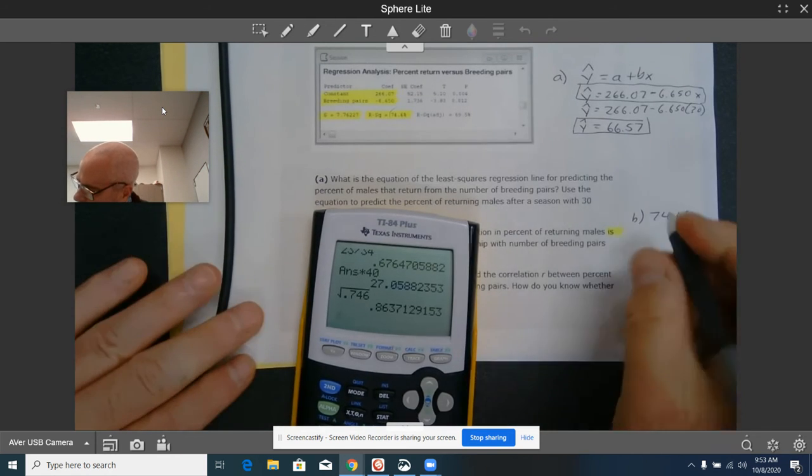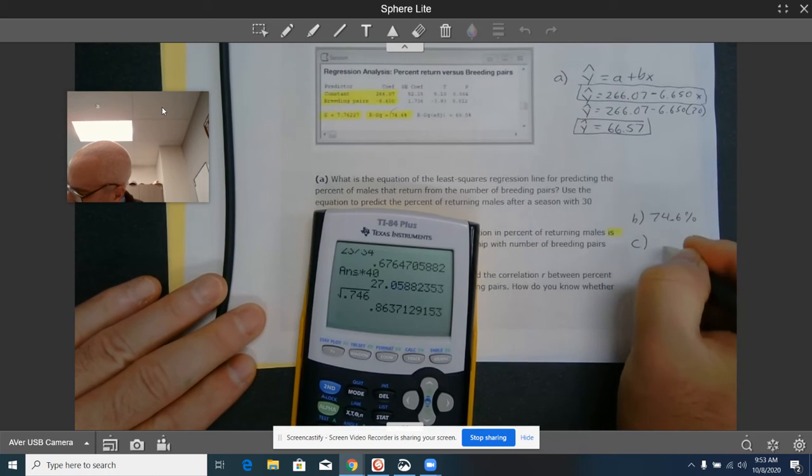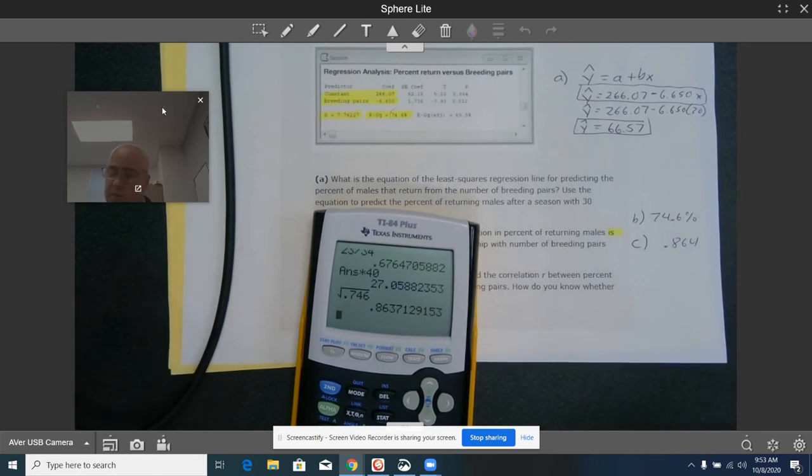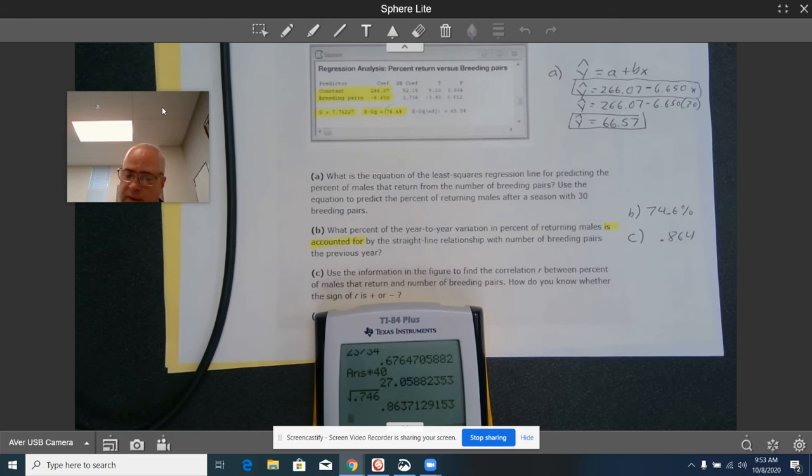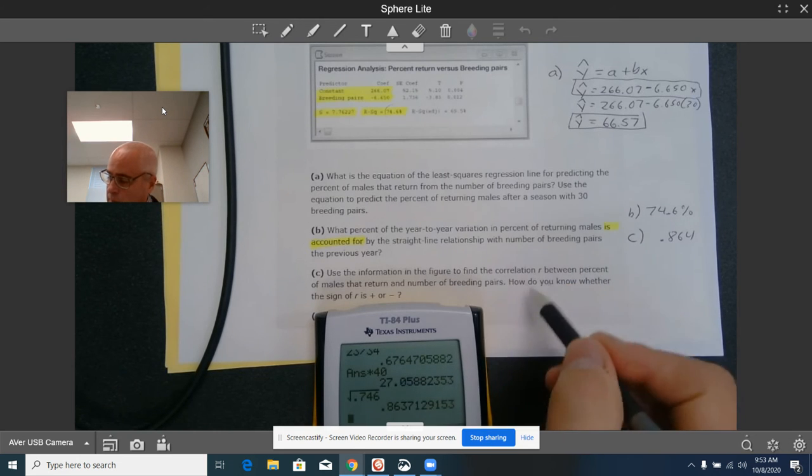So part C is 0.864. They asked this question, which they didn't have to do. They're being really sweet for us.